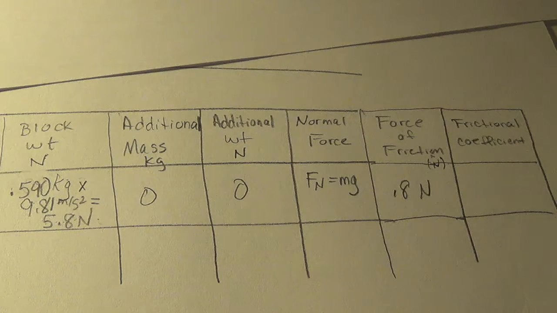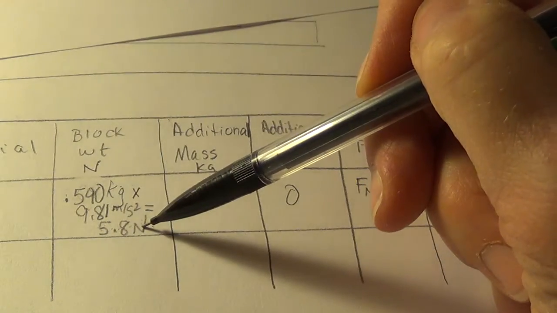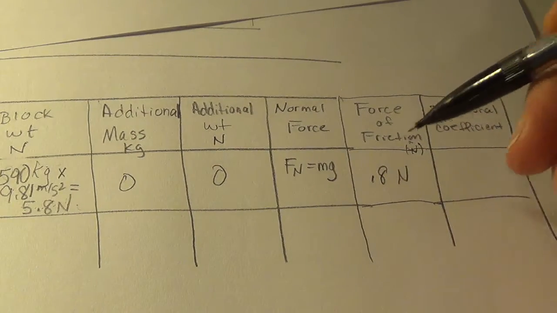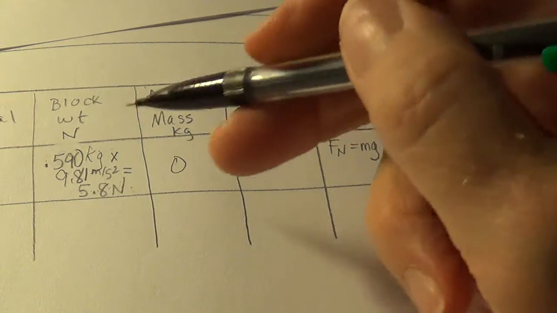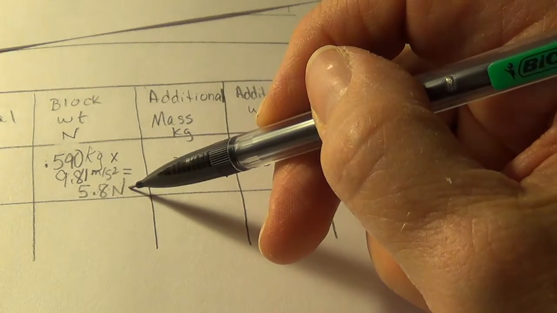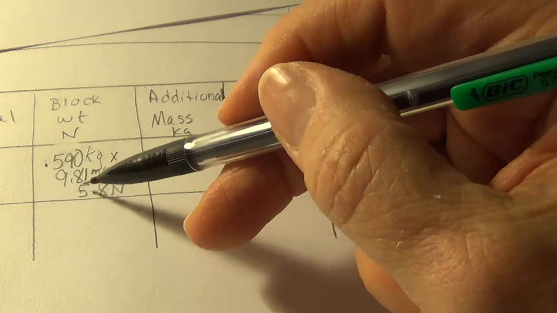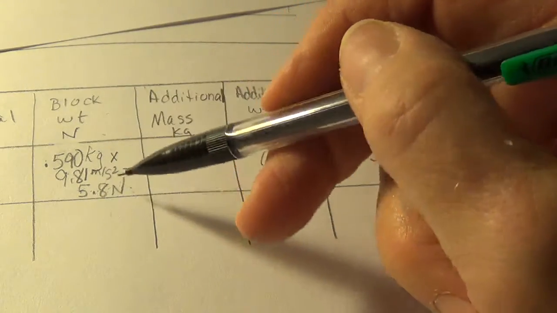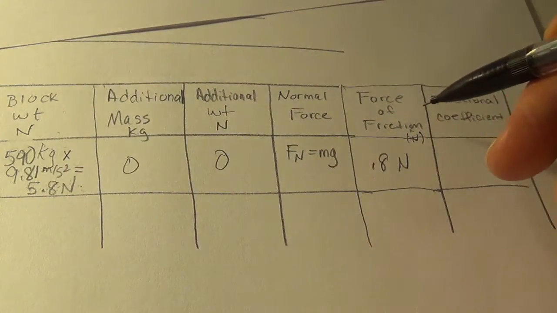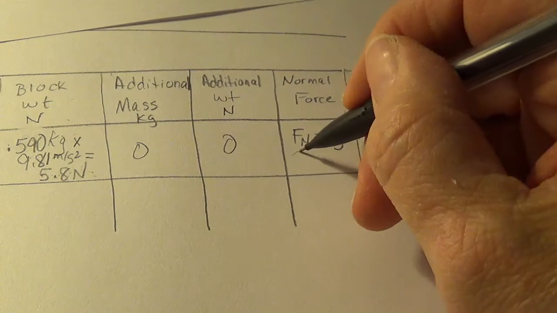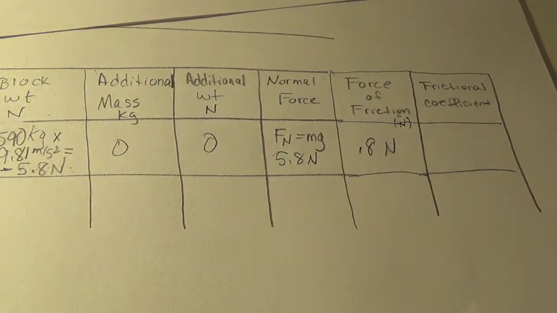So force normal, this is for the block, is going to be the same as the weight downward, unless your block is crashing through your wood or your table, which I'm assuming it's not, which means force normal is supporting it. So 5.8 newtons was the weight of the block downward, and so force normal is going to be 5.8 newtons upward. We could put in a negative sign to emphasize that. The weight is downward and force normal is upward.